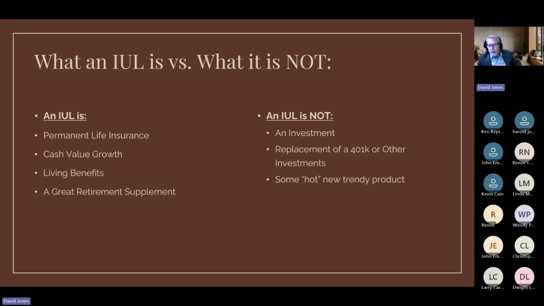Also, IULs as a life insurance policy usually, almost always, offer living benefits. Almost always you're going to have a chronic illness rider and a terminal illness rider included. Prudential has their BAR, Corebridge has their QOL product, which are like a suite of living benefits.